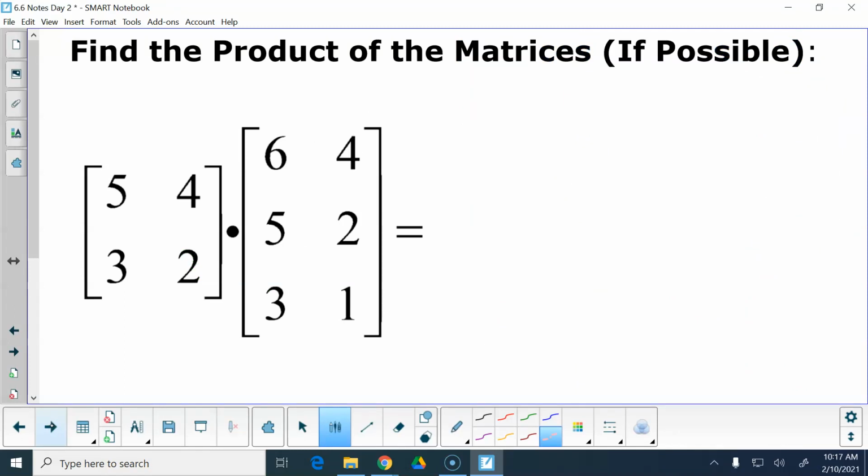Go for it. Try it. Resultant matrix. What do we get? Anybody at home, in person? Why not?